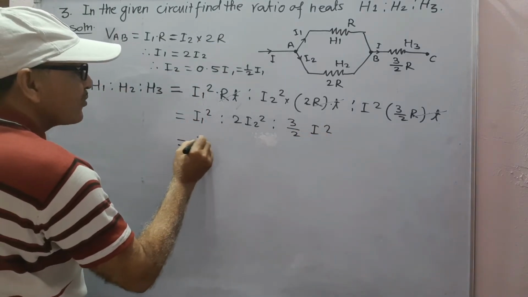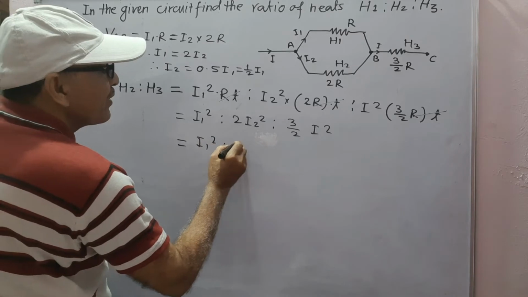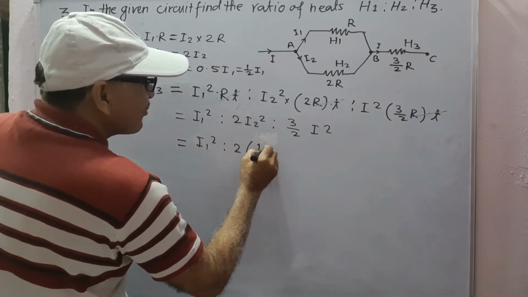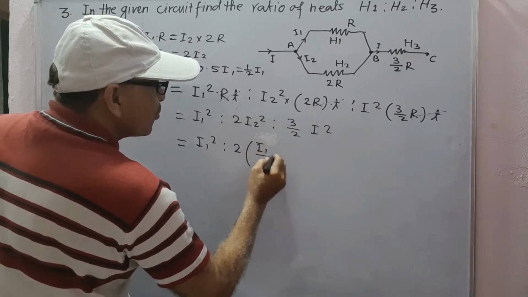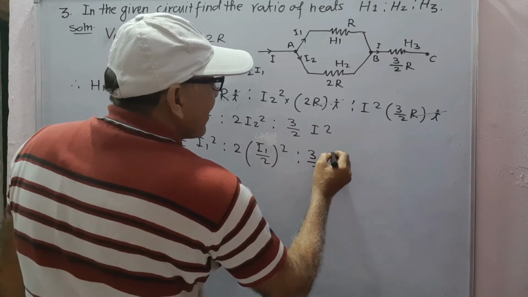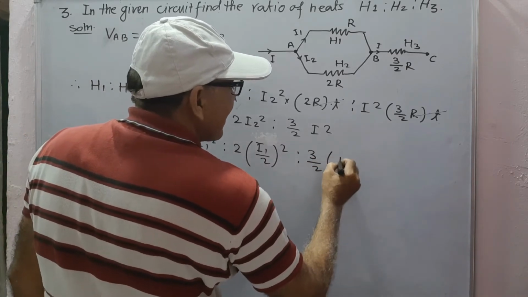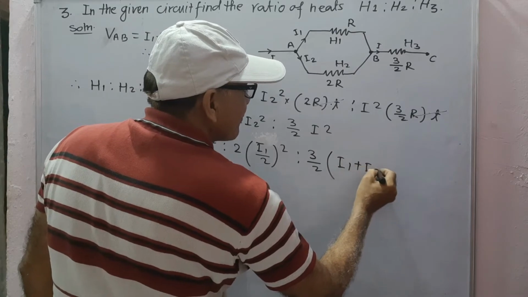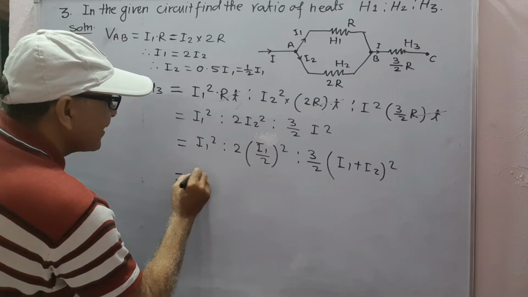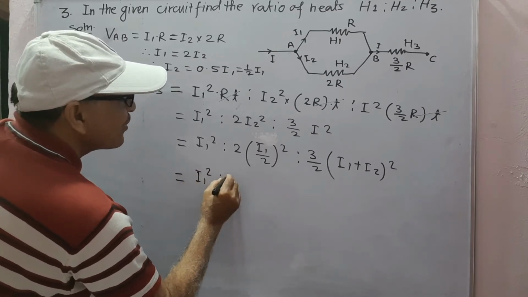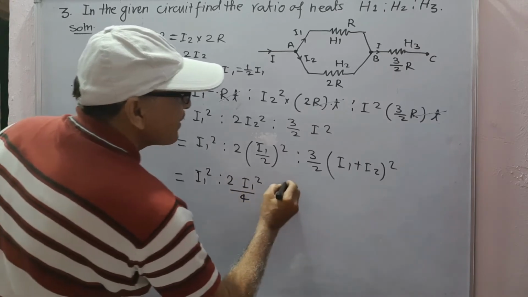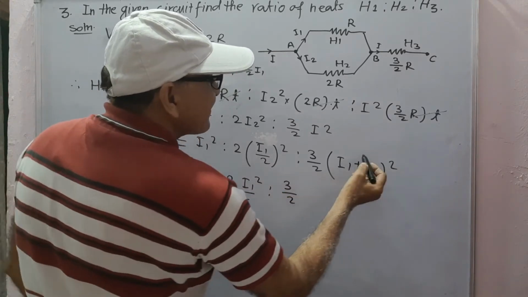Now I1 square is to 2 I2 square, I2 is I1 by 2 squared, is to 3 by 2 I square, and I is I1 plus I2. So this is I1 square is to 2 I1 square by 4 is to 3 by 2.